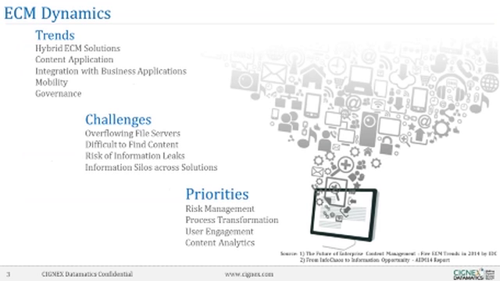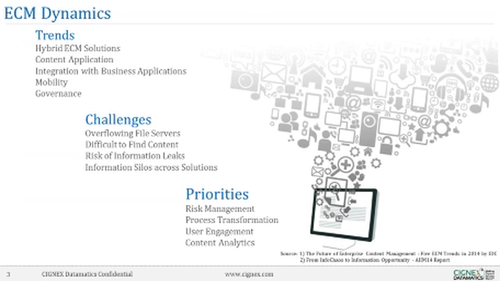So let us try to understand what are some of the key dynamics impacting ECM today. One of the things that we see today is the explosive growth of content within the enterprise. Cloud-based file synchronization and share servers are largely driving hybrid ECM solutions. On the other hand, we are also seeing ECM systems increasingly becoming the platform for creating content applications.